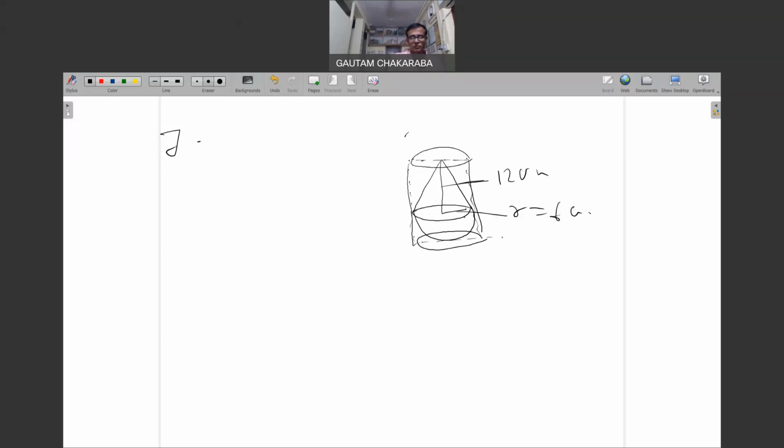And this main cylinder height is also given, 180 centimeter. Volume of water left. So total volume of cylinder minus volume of cone minus volume of hemisphere. Okay. So this is H1 and this side is H2.